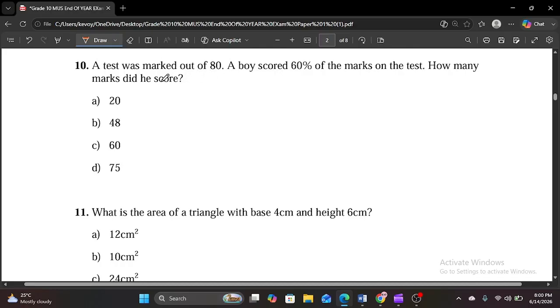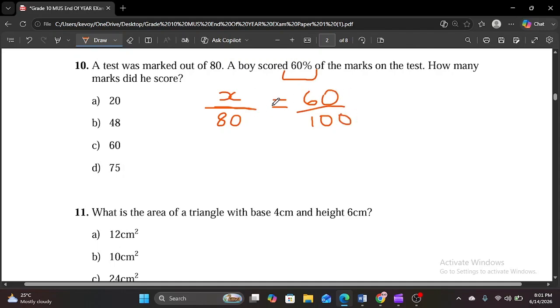So it's marked out of 80, so it's going to be 80 over x, which is equal to 60 over 100, because 60% is 60 over 100. Whatever you got should be equal to this.